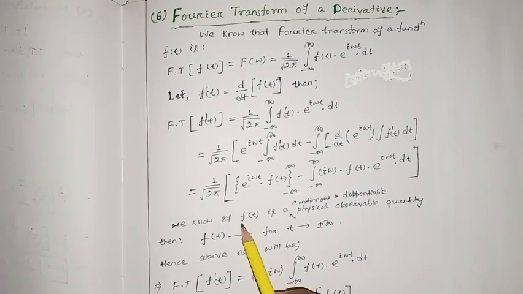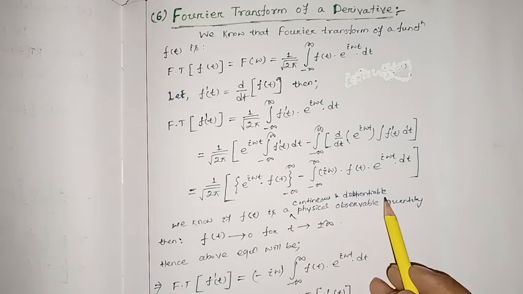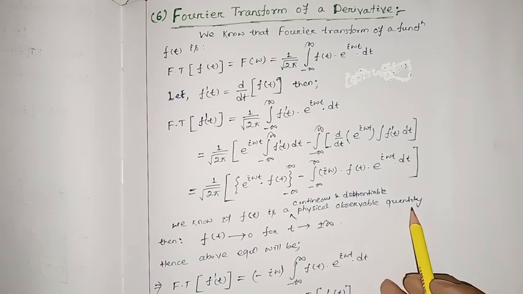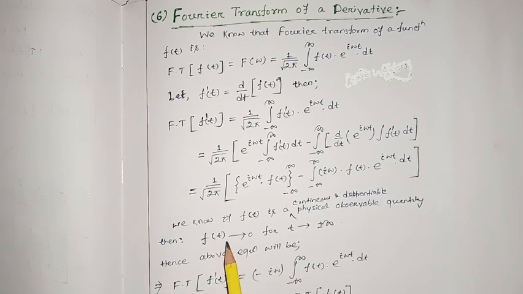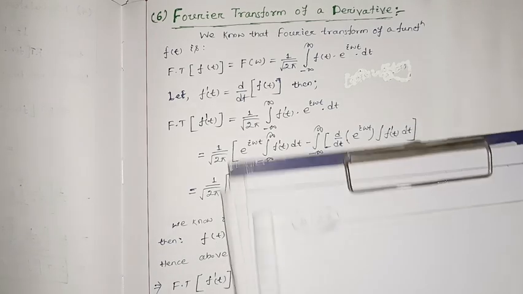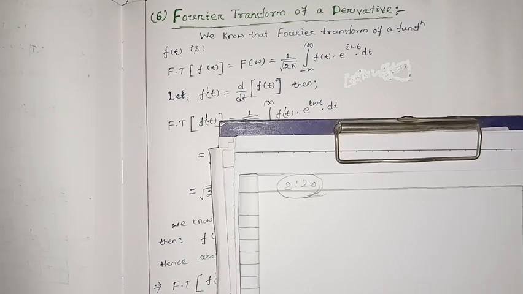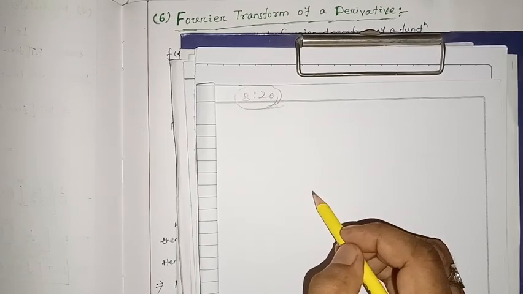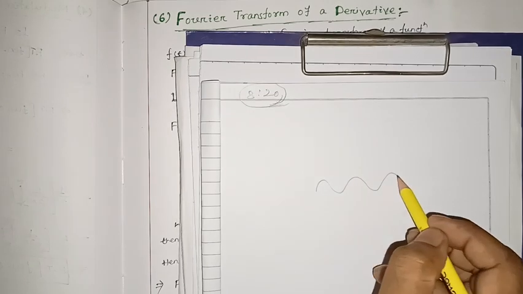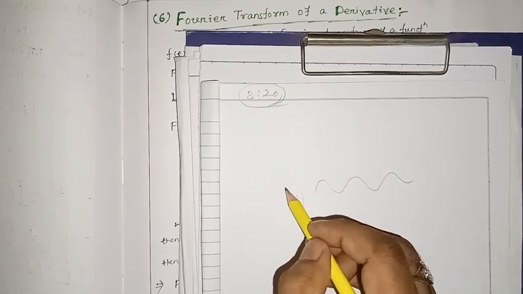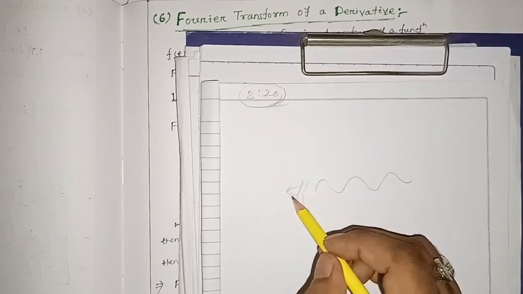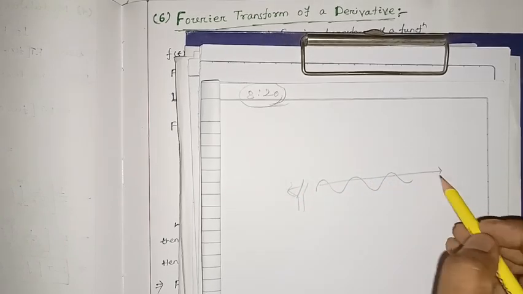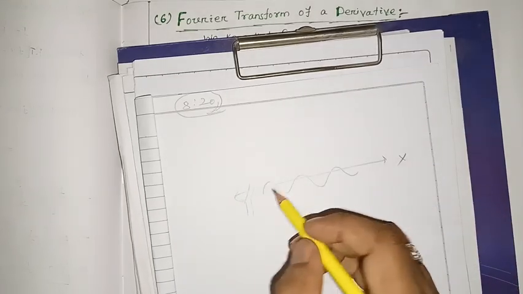We know if f(t) is a continuous and differentiable physical observable quantity, then f(t) is 0 for t equal to plus or minus infinity. What is the meaning of that? Simply consider this as a signal, propagating from a transmitting antenna along the x-axis.